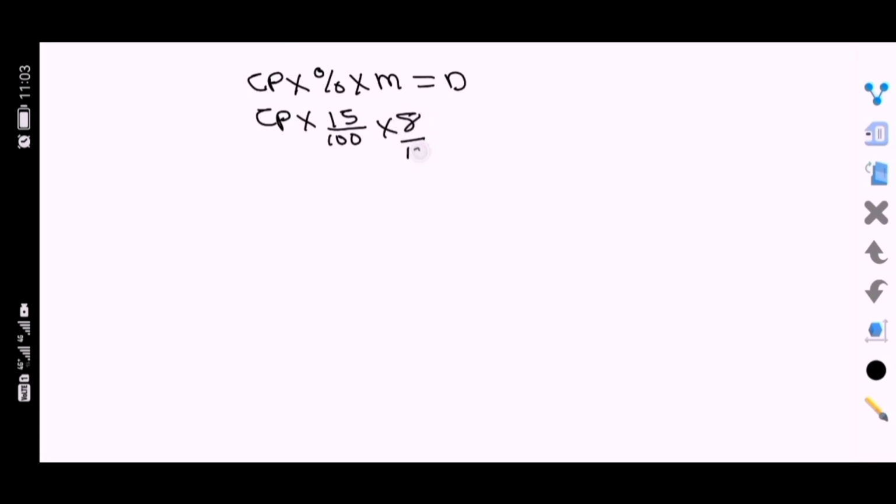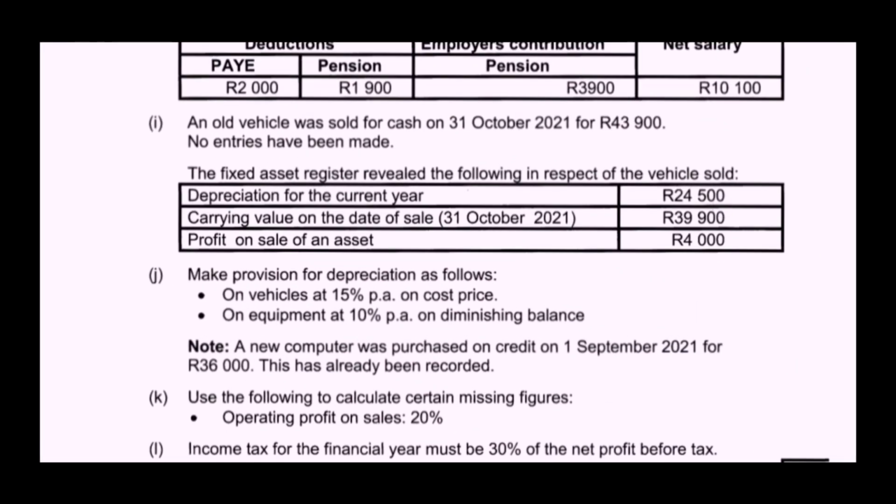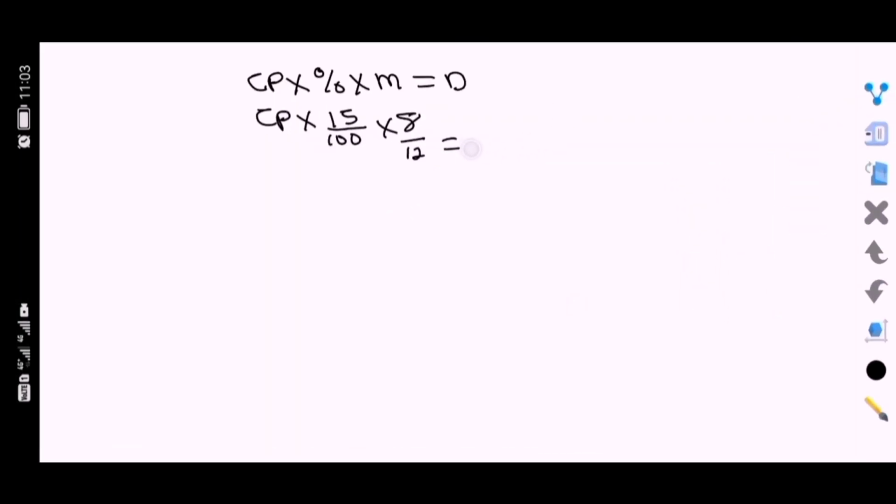So 8 over 12 is equal to, and then what is our depreciation? Our depreciation is 24,500.